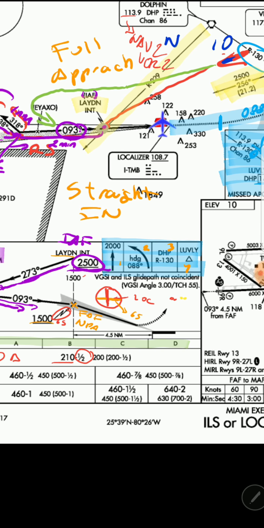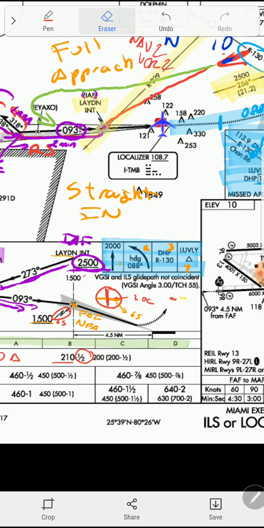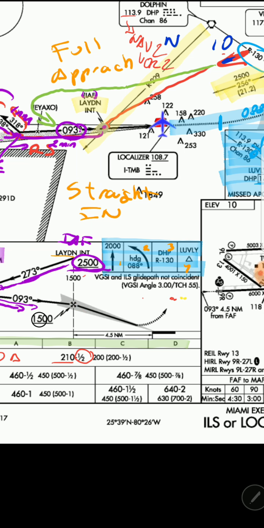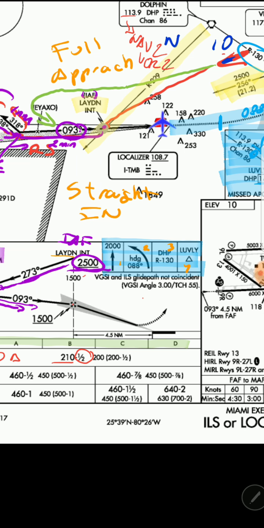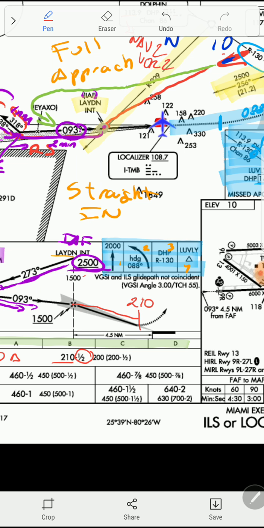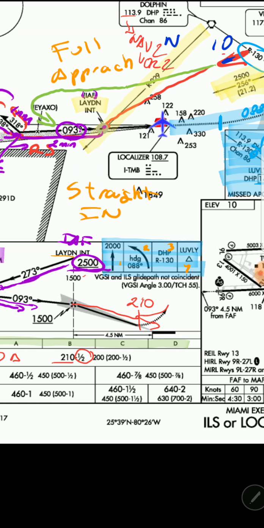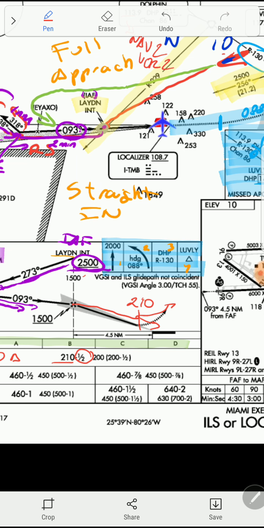What does this mean? This means that if you are descending on the approach, let me raise this pretty quick. Okay? You are descending on the approach from here. The moment you reach 210 feet, following the glide slope and following the localizer, you have to make a decision. You either land or you go missed. You have no more options.